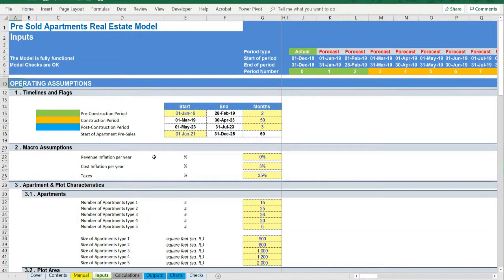Moving on to the Inputs tab, you can adjust the various assumptions of the model based on the specifications and requirements of your business. In yellow whatever can be amended as an assumption.